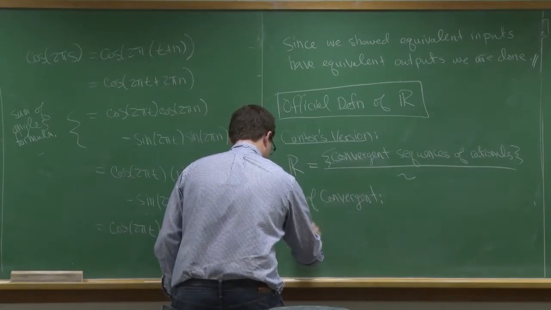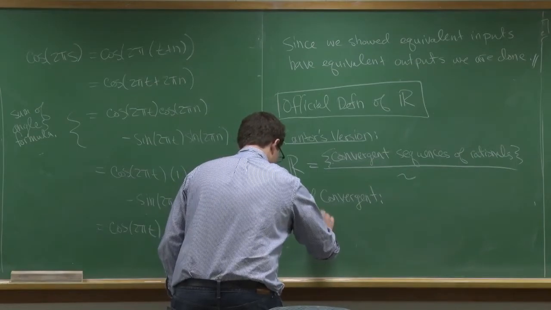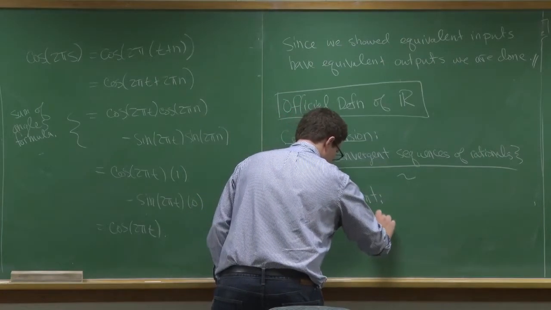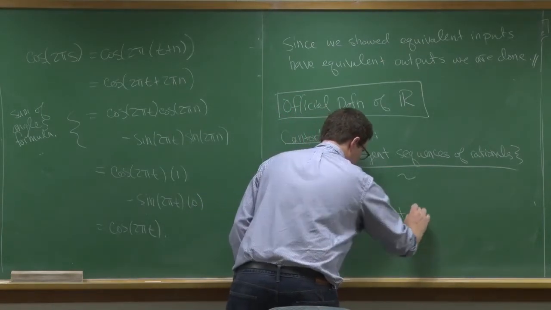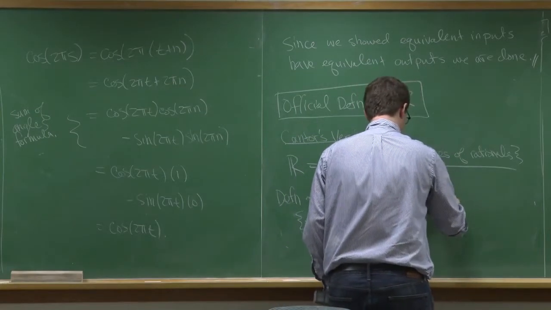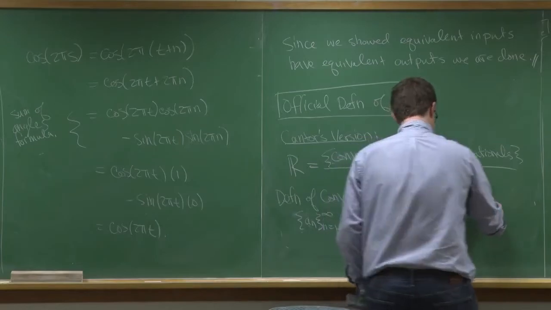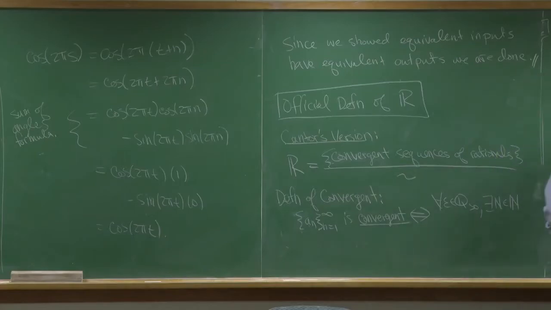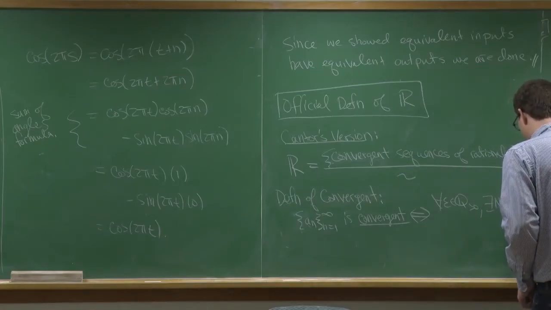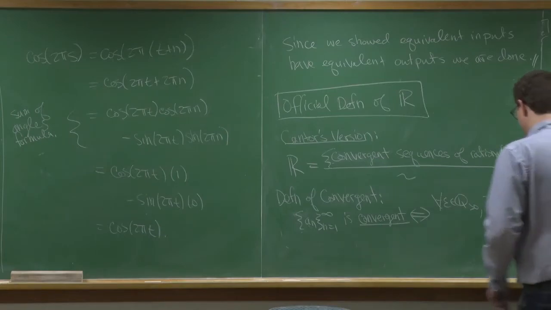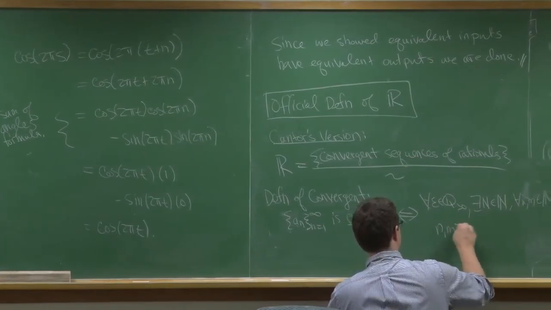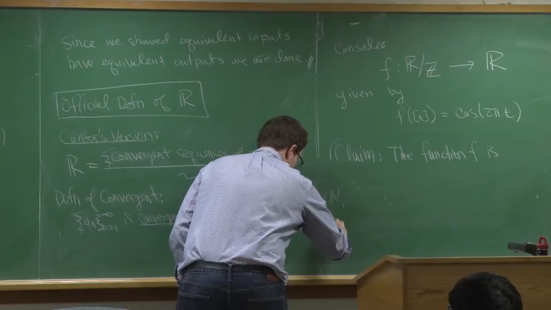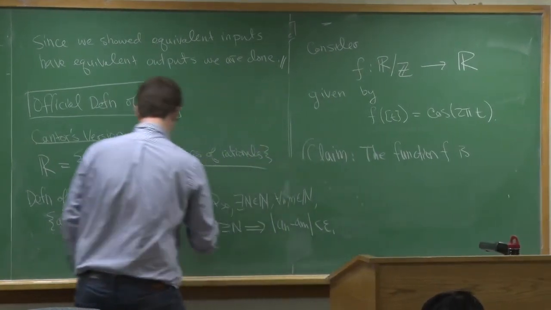A sequence a_n is convergent if and only if for all epsilon, there exists some large natural number N such that for all natural numbers n and m, if n and m are large enough, this implies that the difference between a_n and a_m is less than epsilon. That's the definition of convergent.